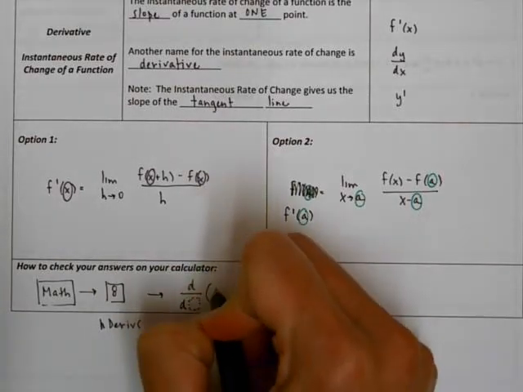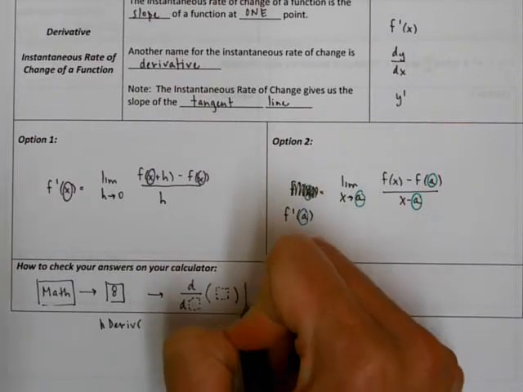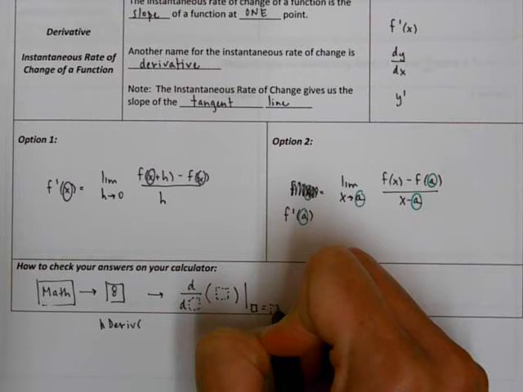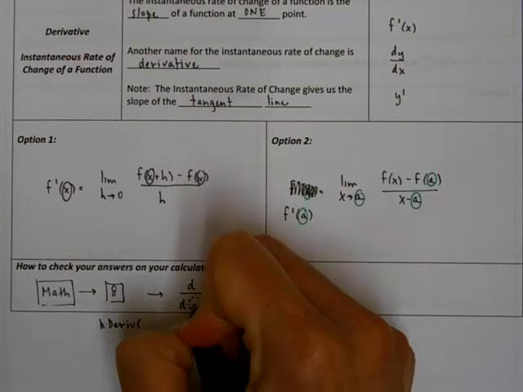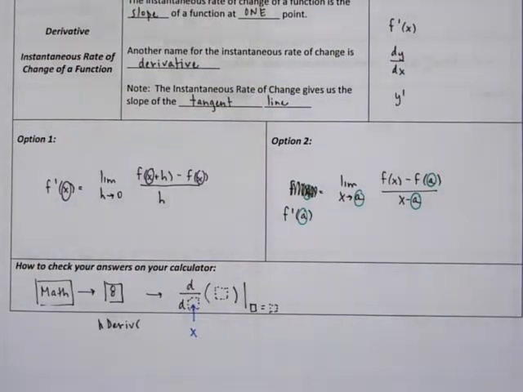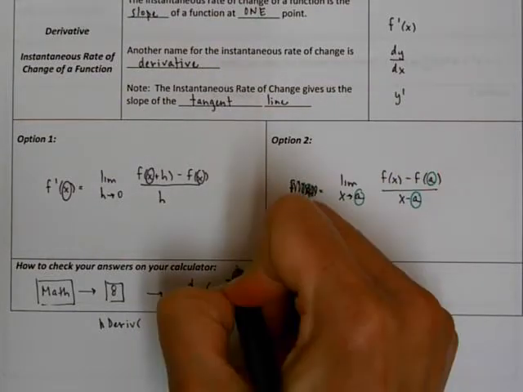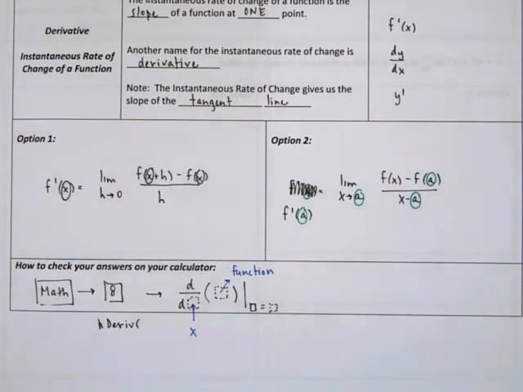Then there's parentheses and another box, and then a few more spaces here. So here's how this would work. When we're typing it into our calculator, we're always going to put the variable x here. And then in this box, we would type in our function, so whatever f of x is equal to.